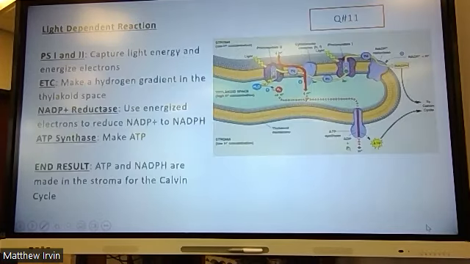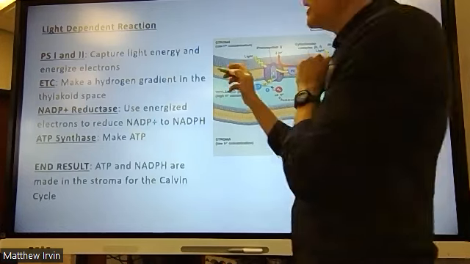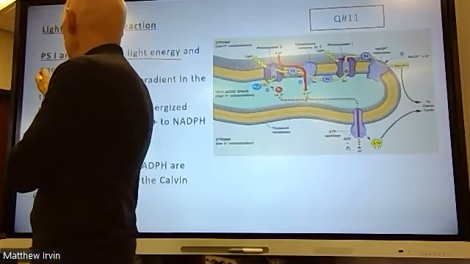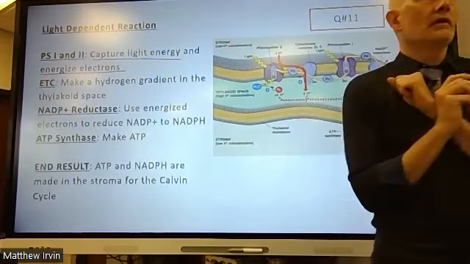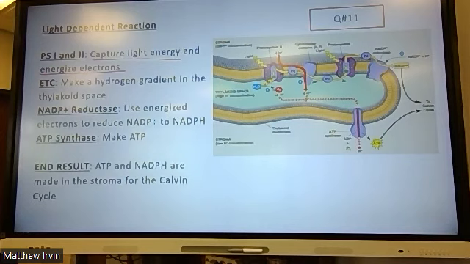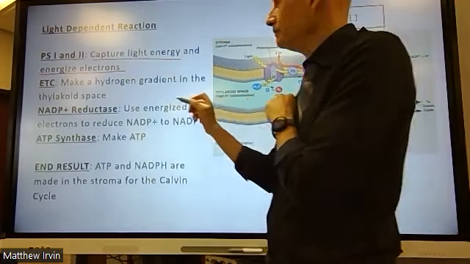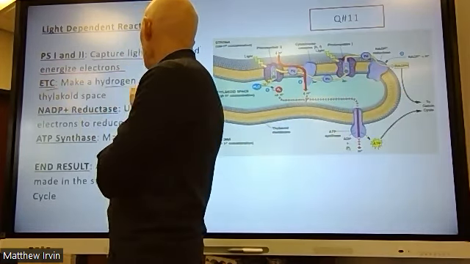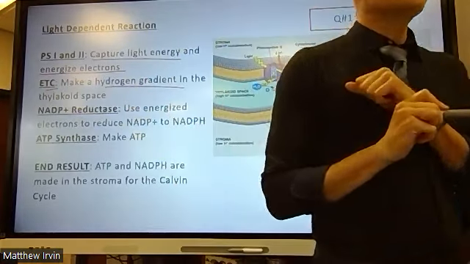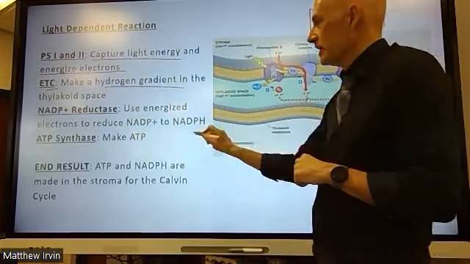All right, so our basic things: photosystem 1 and 2 are going to gather your light energy and energize electrons. Those energized electrons are going to go into the electron transport chain. We're going to make a hydrogen gradient, which will then go through ATP synthase to make ATP.